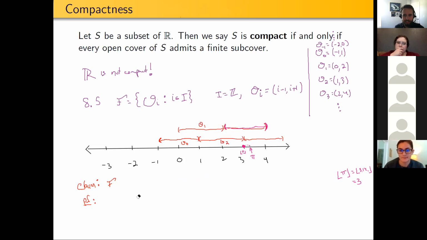I want to get back to, I think it was Joe that said this, this question of how to rigorously show that this particular open cover does not admit a finite subcover. So let me write that down here. The claim that we want to make now is that F does not admit a finite subcover.